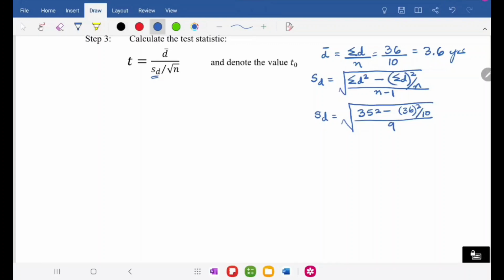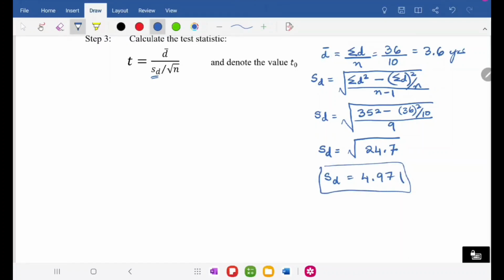Once we do this calculation, the whole expression under the radical comes to 24.7. You can try it yourself to make sure that it agrees with what I have. If it doesn't, let me know. So we have 4.971, and that's our S sub D.